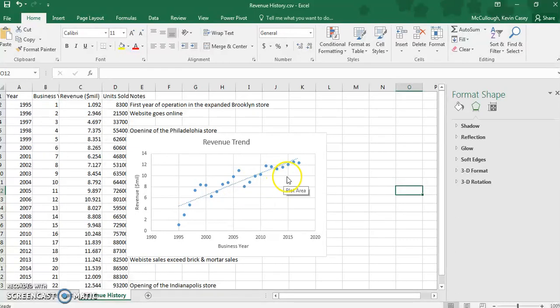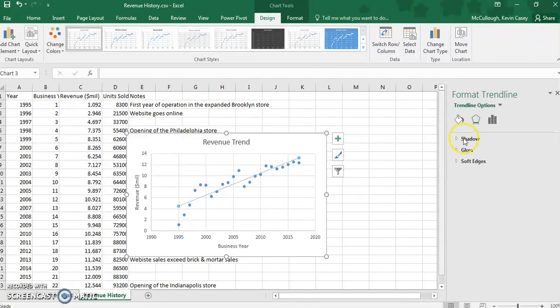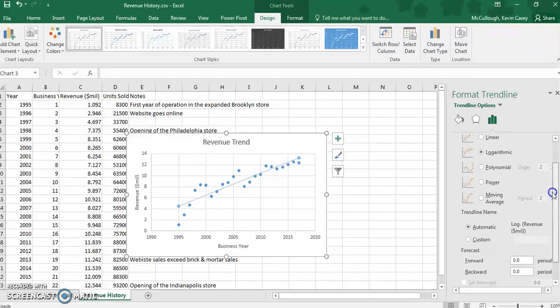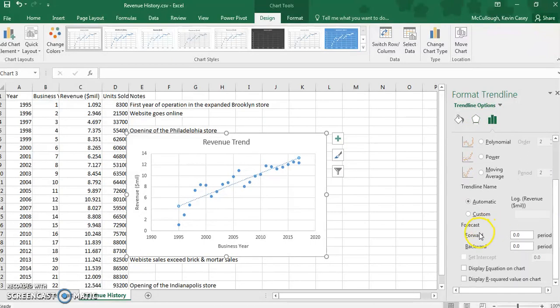The other thing that we're asked to do is to forecast this. So if we were this business owner, and all current trends continue, which is of course a dangerous assumption, we wanted to know what revenue would look like over the next 5 years. Then we could again click on a trend line, get our trend line options, and if you scroll down further, we can forecast it forward 2 periods.